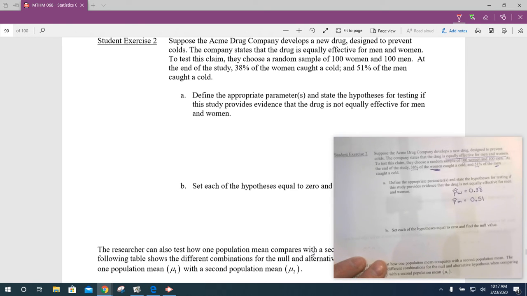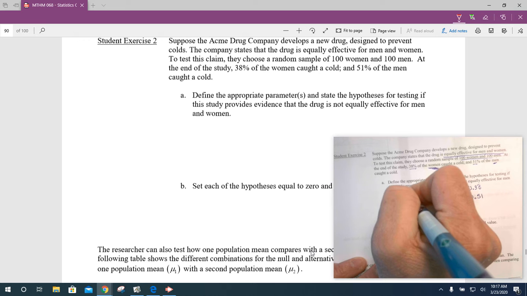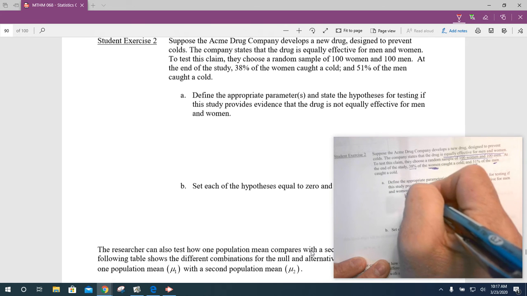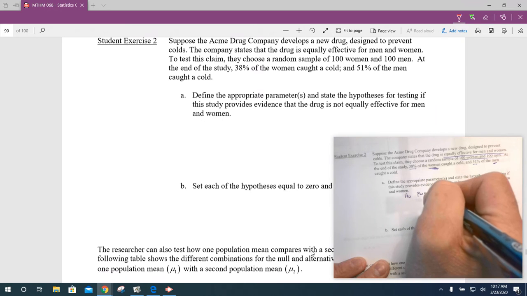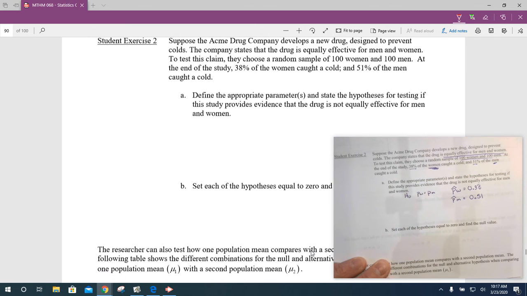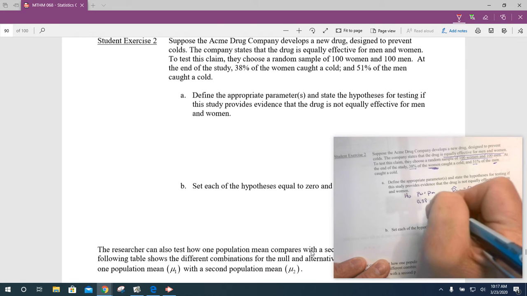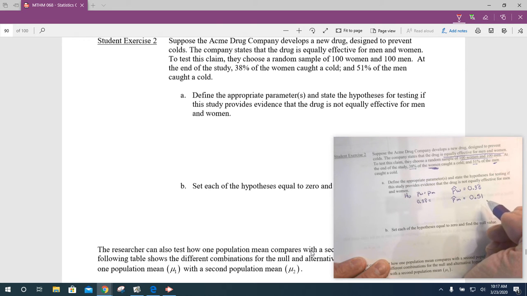So if I'm writing a statement, H sub O, then H sub O says nothing's going on and the proportion of women is equal to the proportion of men. And my statement is, okay, well, 0.38 is equal to 0.51.